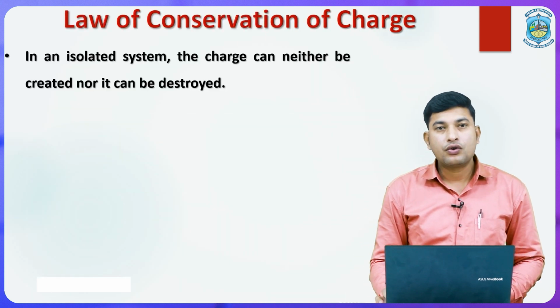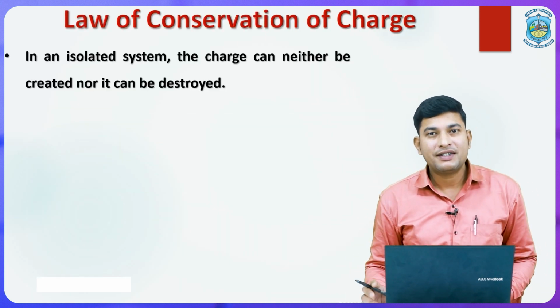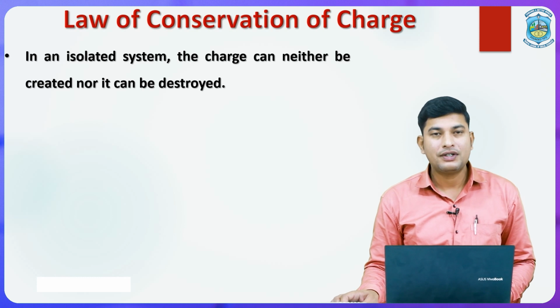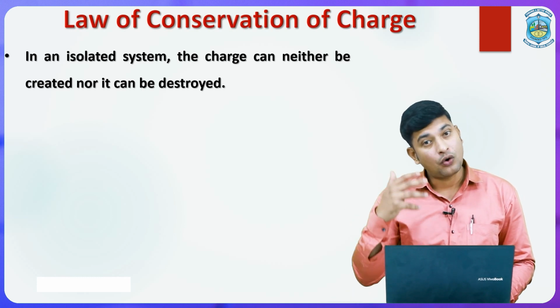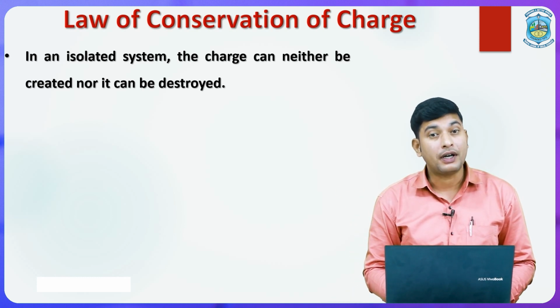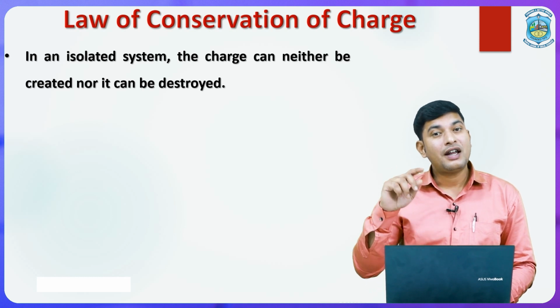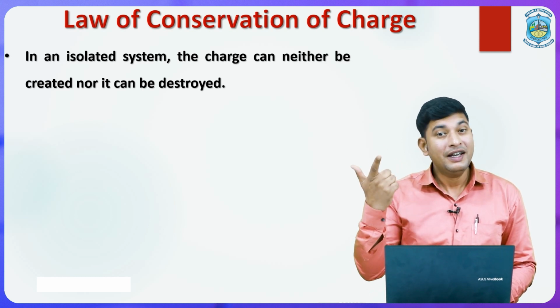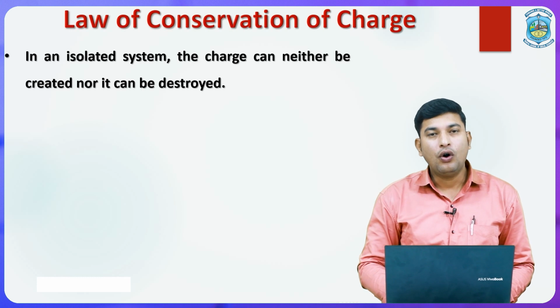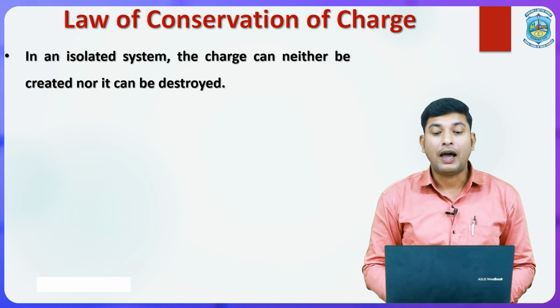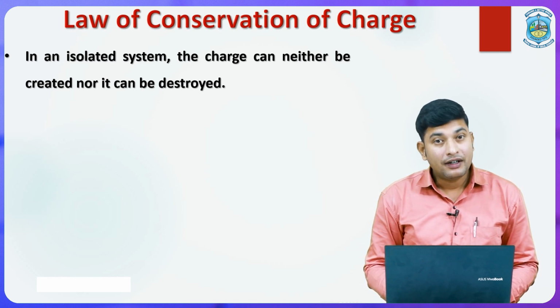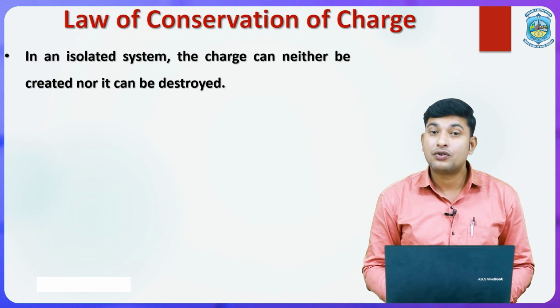Now, there are also some laws, properties and conditions for charge. The law of conservation of charge: as we have discussed, or already know, about the law of conservation of energy, energy can neither be created nor destroyed. Similarly, charge can neither be created nor destroyed.